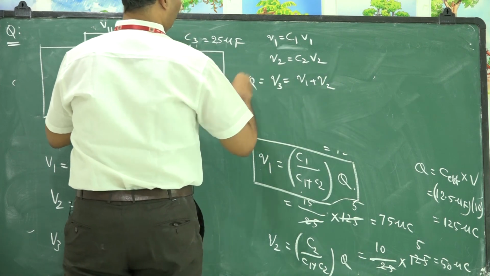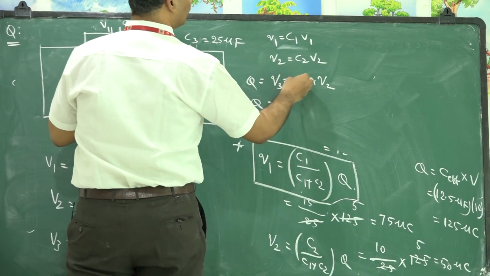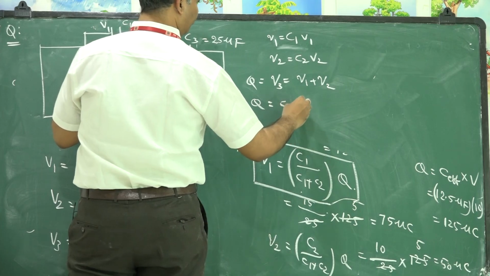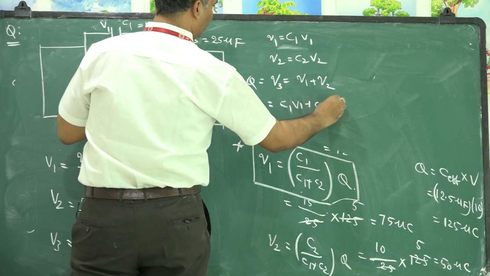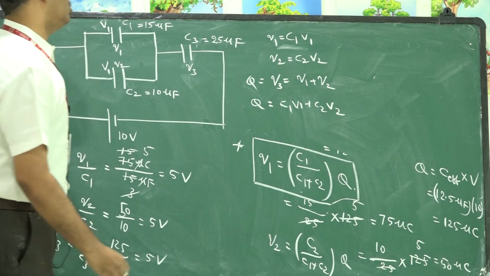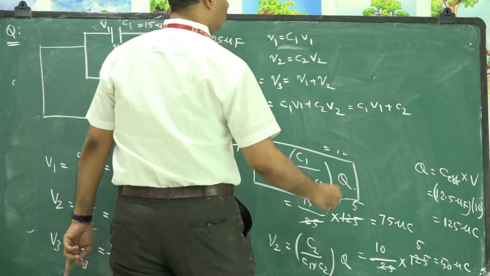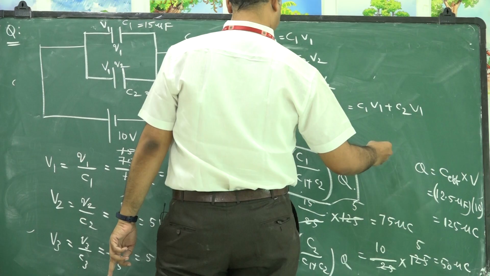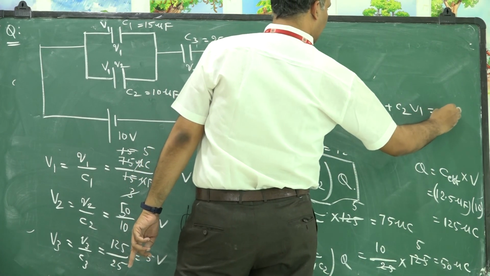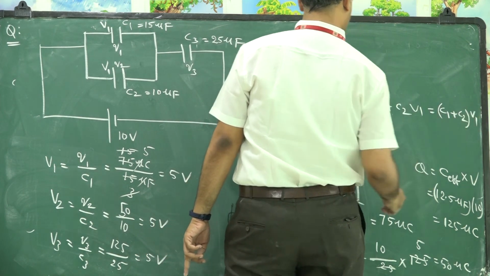So capital Q can be written as C1 V1 plus C2 V2. But both are having the same potential. It can be written as C1 V1 plus C2 V1. So you can write it as C1 plus C2 into V1.